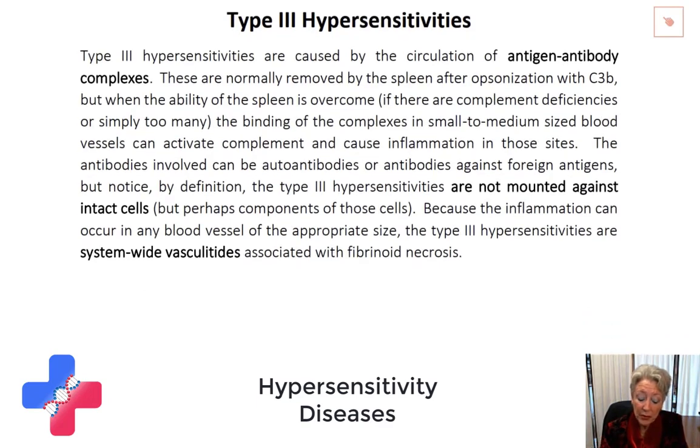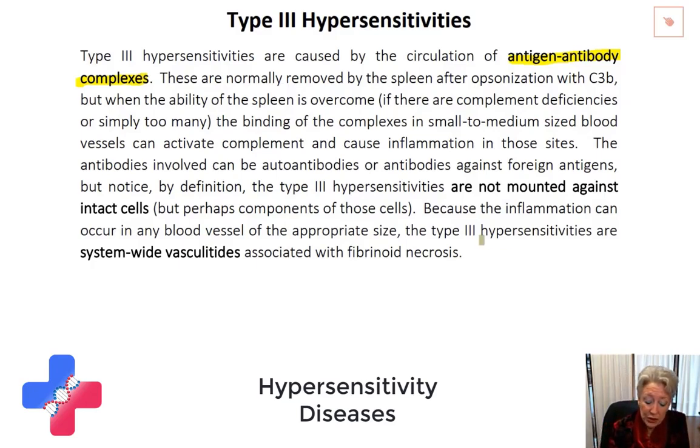The type 3 hypersensitivities are circulating immune complexes of antigen and antibody. So not whole cells, but they can be generated after I have cellular debris that results from other phenomena.